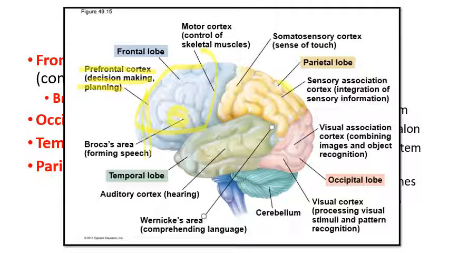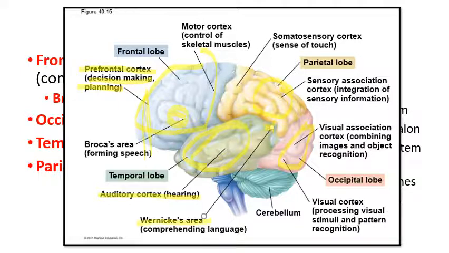Over here we have the parietal lobe. Over here we have the occipital lobe, which is responsible for interpreting visual information. Over here we have the temporal lobe, which is responsible for hearing auditory information, known as the auditory cortex.